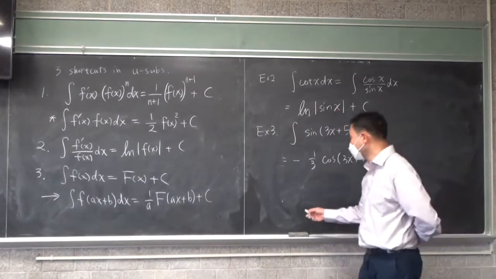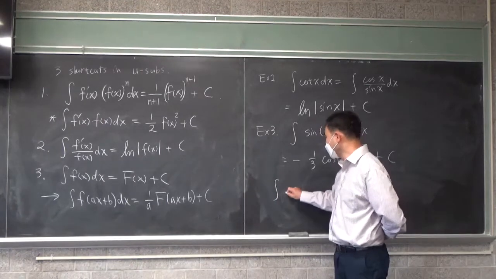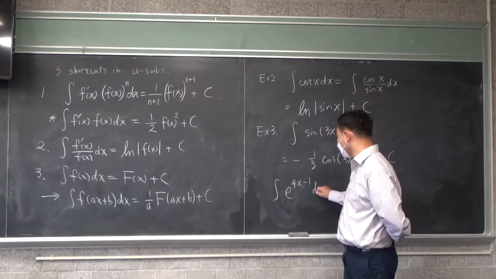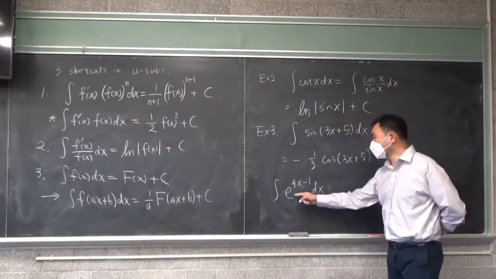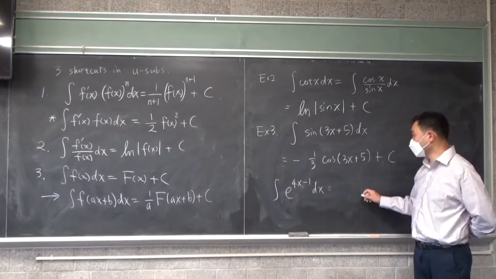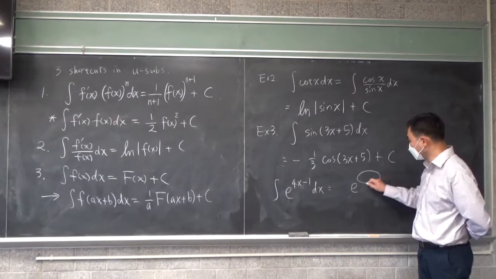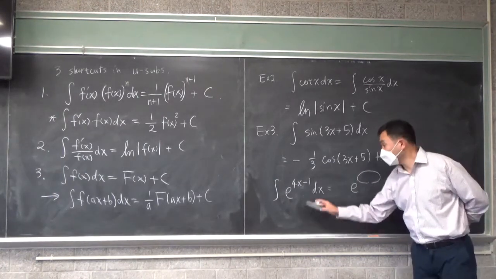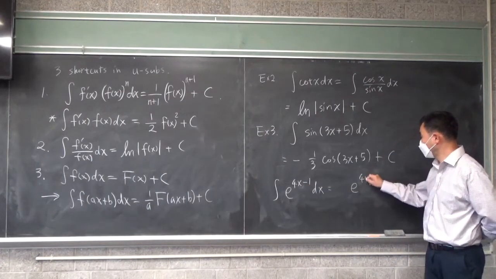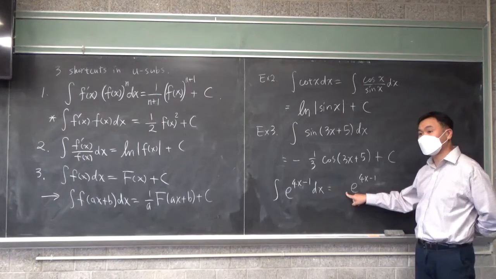Let's try another one. Integral of e to the 4x minus 1 dx. What's the antiderivative of e to the x? E to the x. So what do I put here? Same thing. What goes in front?